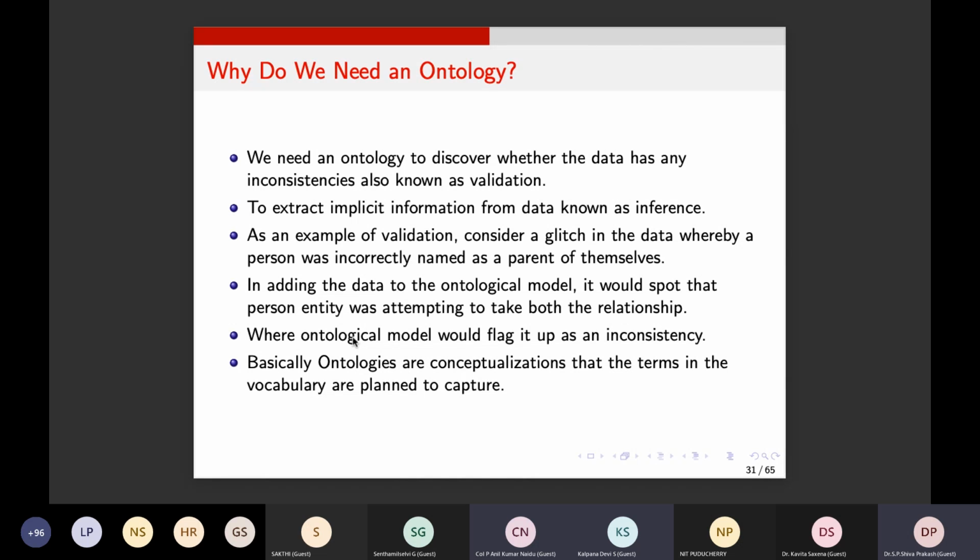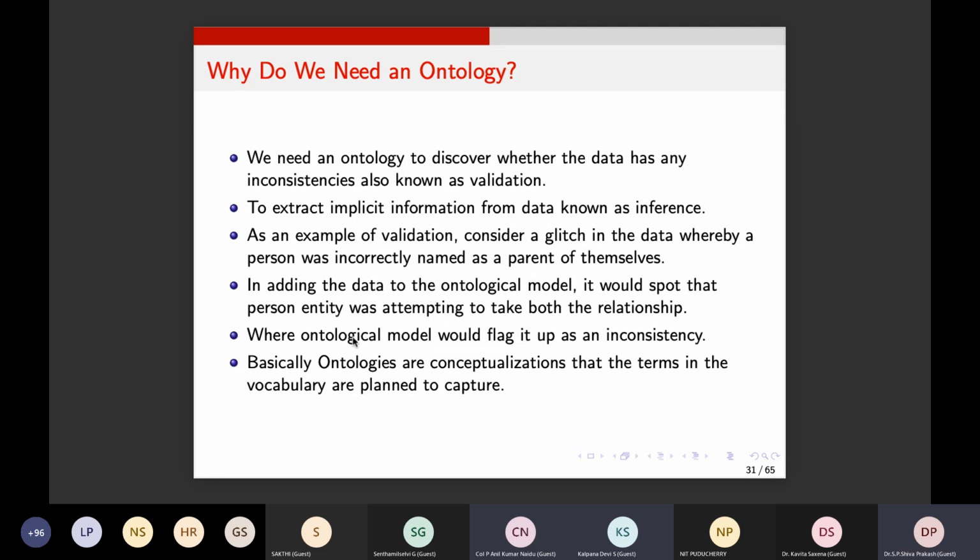Now, especially in an SIoT, since the interactions, data exchange and communication happen based on the relationship and also the user behavior, if you incorrectly name that person or the user, it automatically changes the relationship between the devices. Okay, so that's the reason we need to have an ontological model.